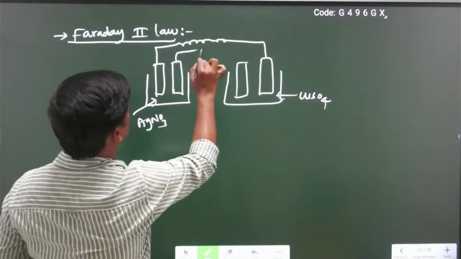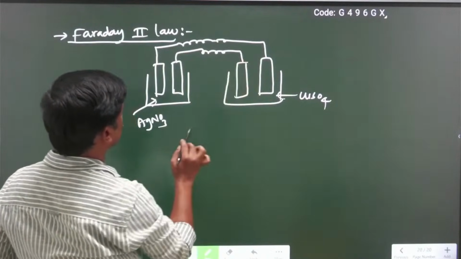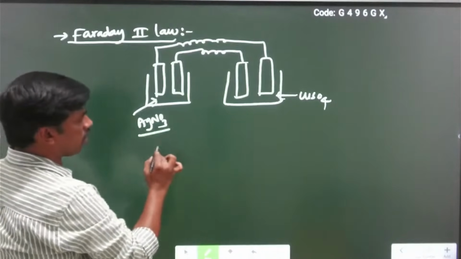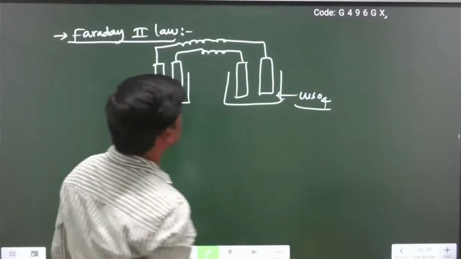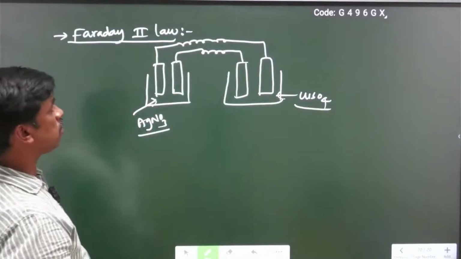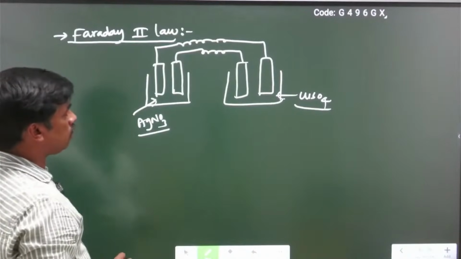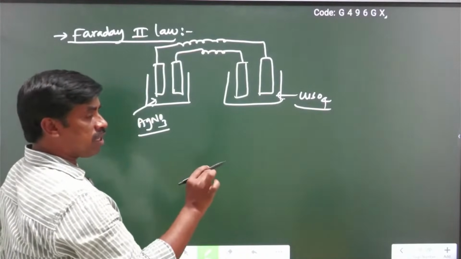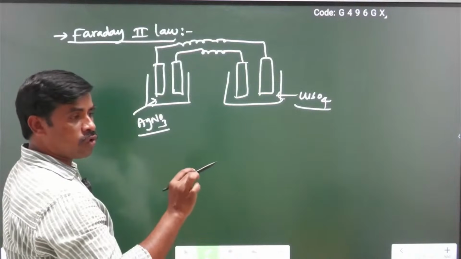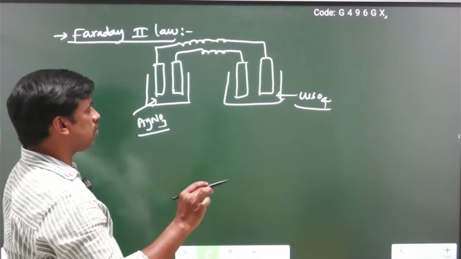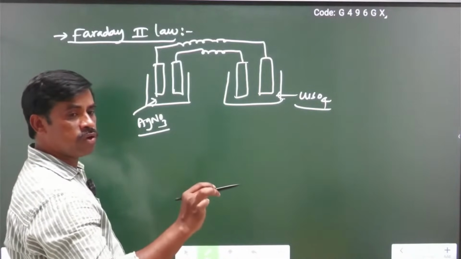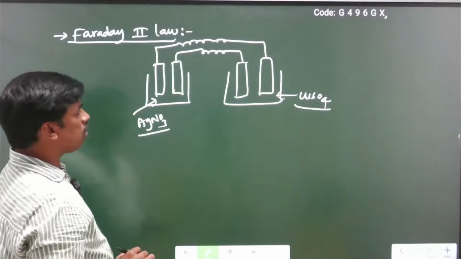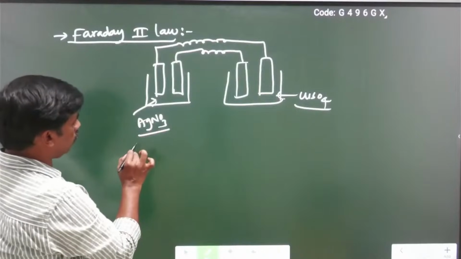These are different electrolytes, silver nitrate and copper sulfate, but the same quantity of electricity is passing through them. The weight of substance deposited or liberated at the electrodes during electrolysis is directly proportional to their equivalent weight.